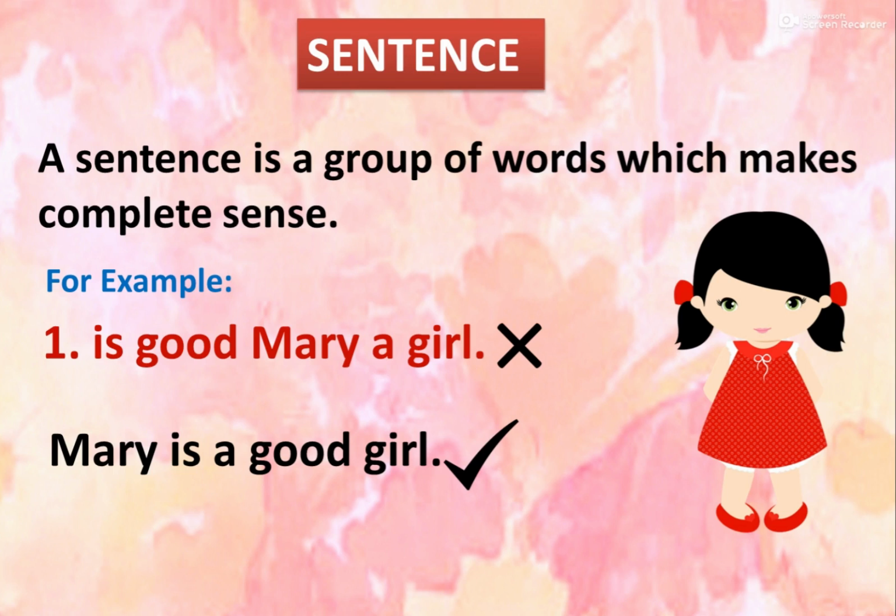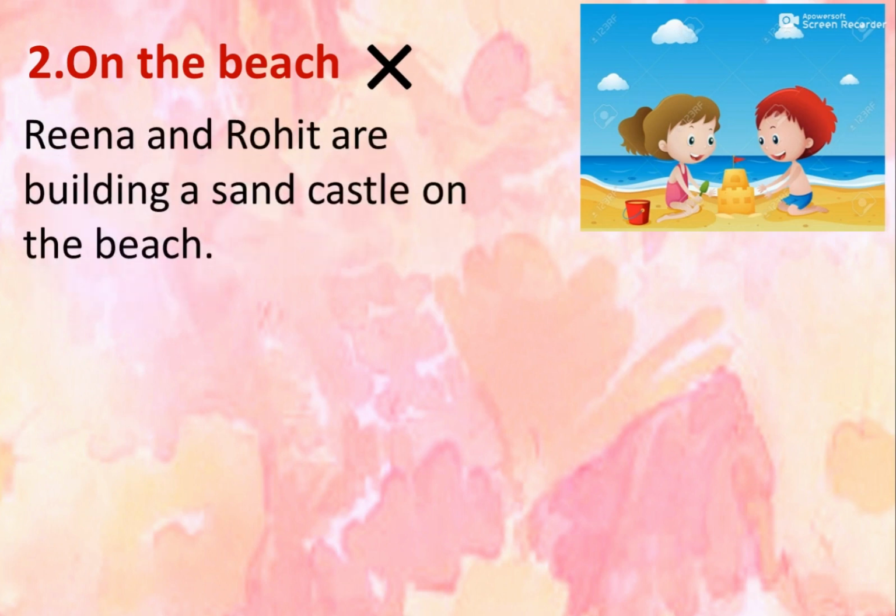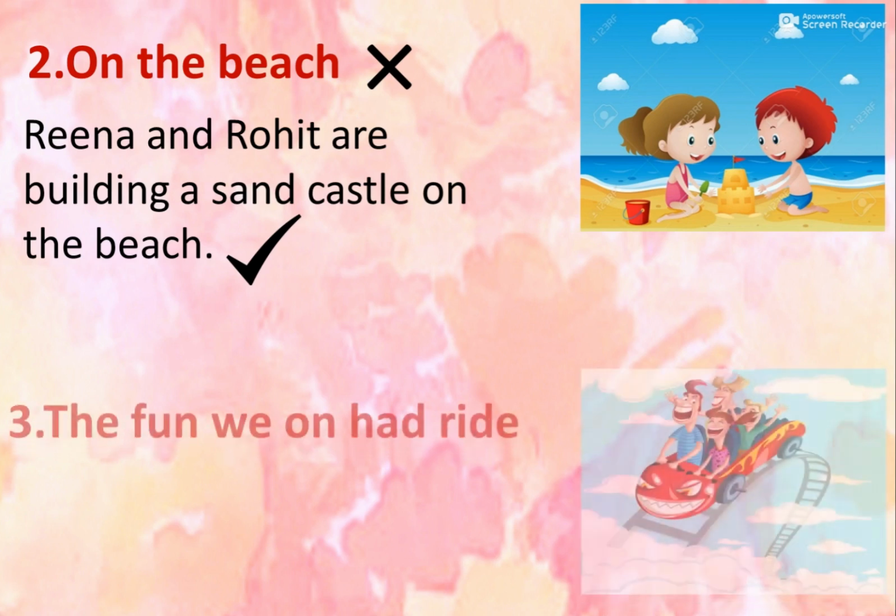Now let's see another example. "On the beach." Is this sentence complete? No, it's not. But if we write "Reena and Rohit are building a sandcastle on the beach," this sentence is complete and tells us about Reena and Rohit, what they are doing. Now let's see one more example.